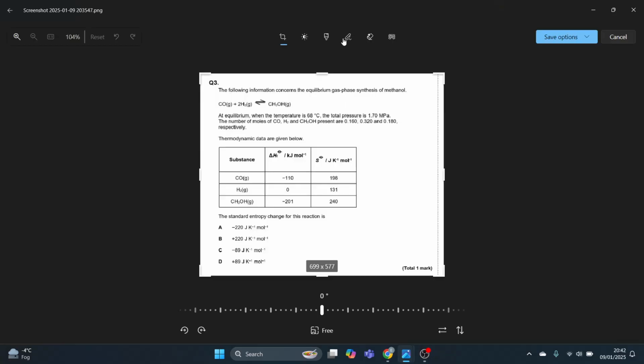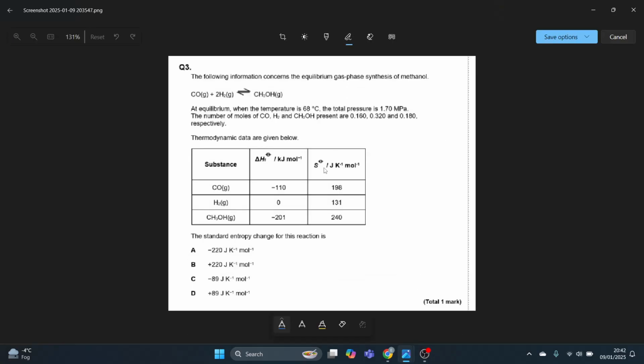Question 2. Now here's a classic question. The following information concerns an equilibrium gas phase synthesis of methanol. Equilibrium temperature 68 degrees, total pressure is that, number of moles is that. The standard entropy change for this reaction is, okay, so entropy change, we're working with formation data, the F there, it's going to be entropy of products, what we produce, minus entropy of reactants.